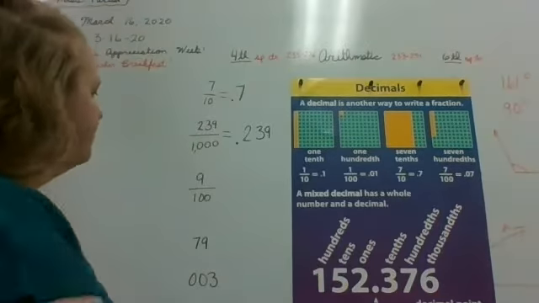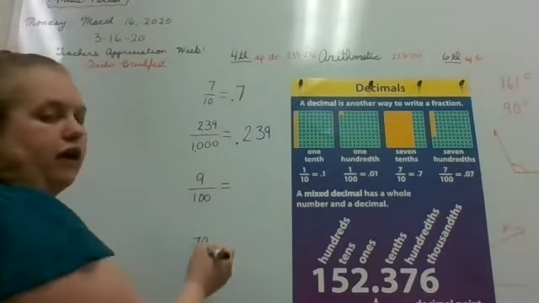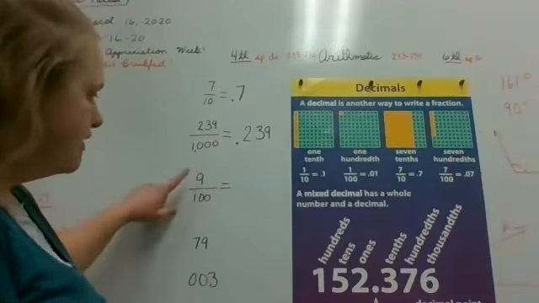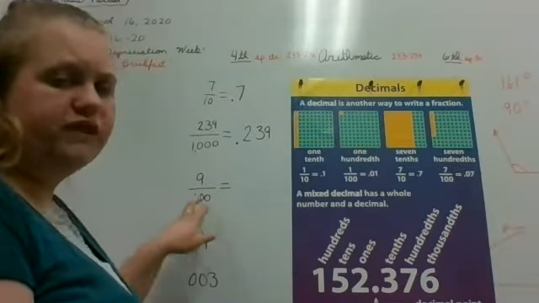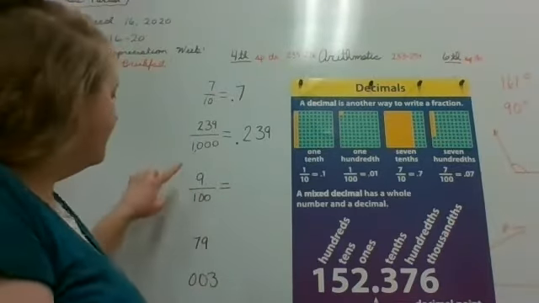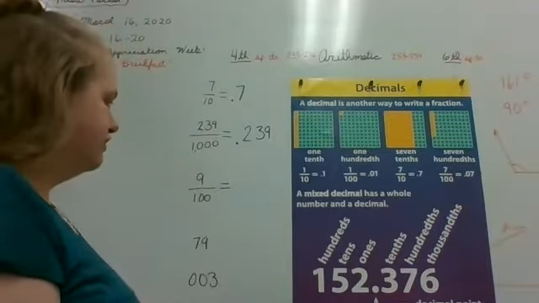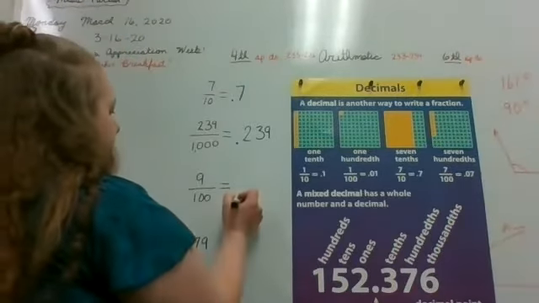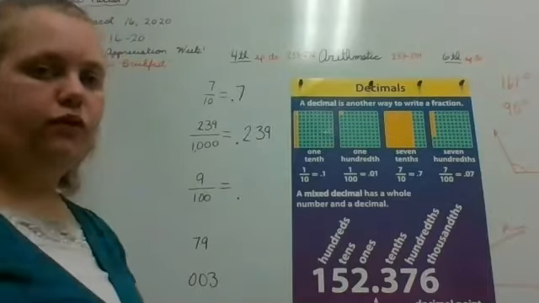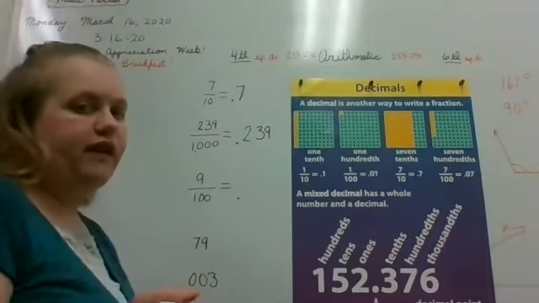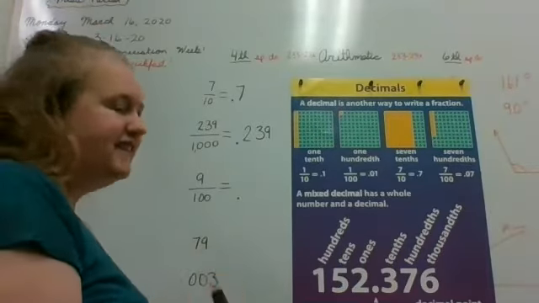Okay? What about if we have a 9 over 100? Notice that we only have one digit. We've got 2 zeros, and we need the 9 to sit in the hundredth place. Okay? So we're going to have to use that placeholder number that we have, and that would be 0.